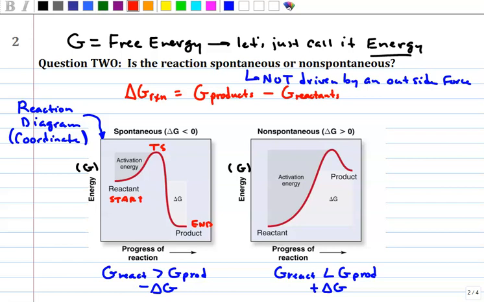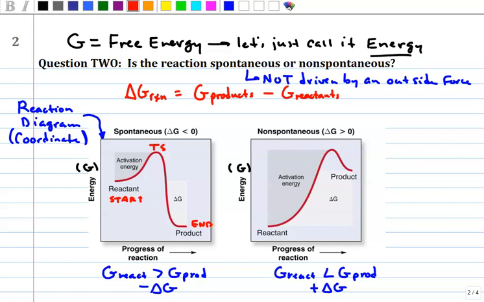Let's just call it energy in this class. And you can see the reaction diagram gives you a starting energy of the reactant and an ending energy of the product.